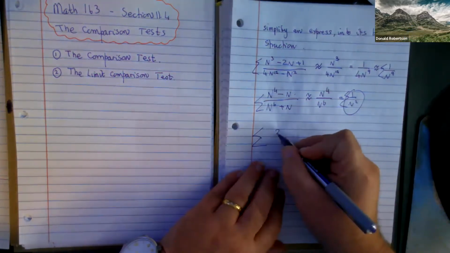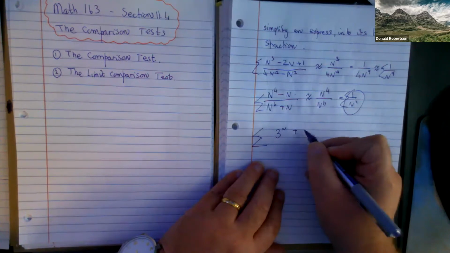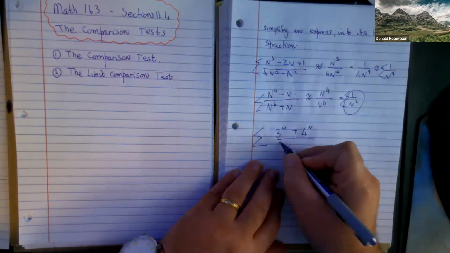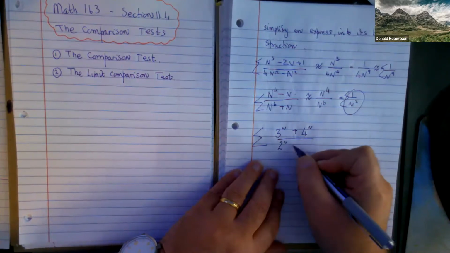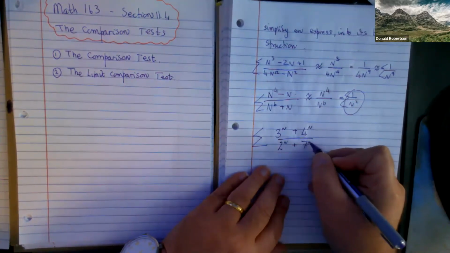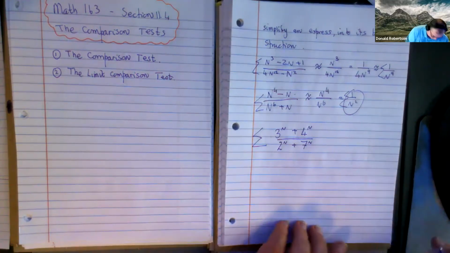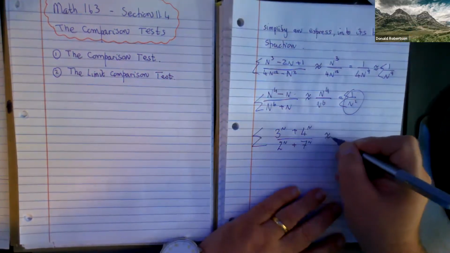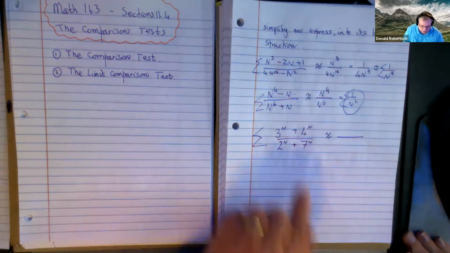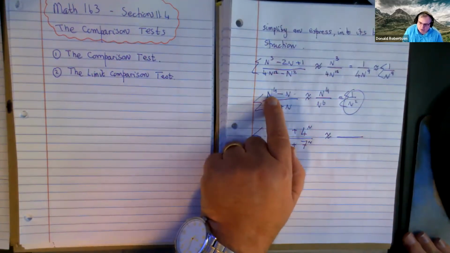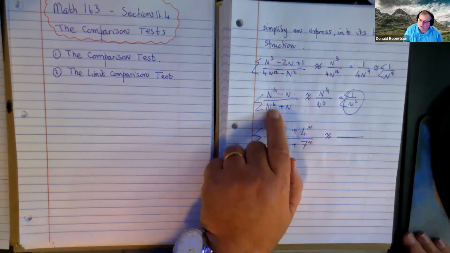Now you can also do it with these guys. When it was powers like this, you pick the biggest power to go on the top, you put the biggest power on the bottom, right?